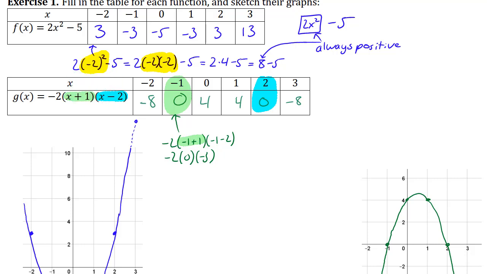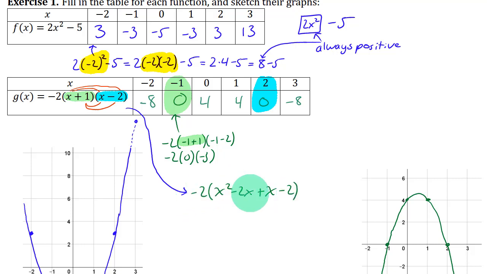Something else I want to point out is that this can be written in another form. If you were to FOIL out the x plus 1 times x minus 2 part, the whole thing would turn into negative 2 times x squared, and then x times negative 2 is going to become minus 2x, and then we're also going to do plus 1 times x, and then also 1 times negative 2 gives you a minus 2.